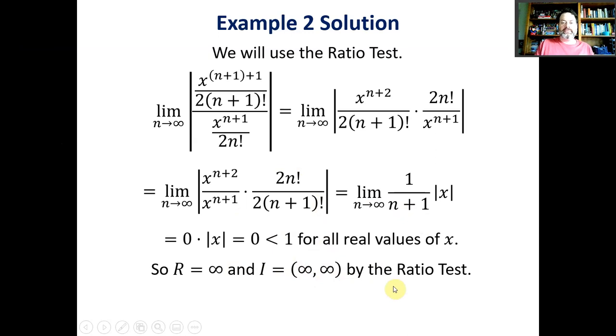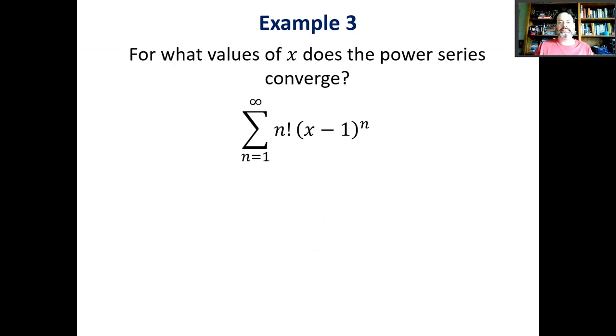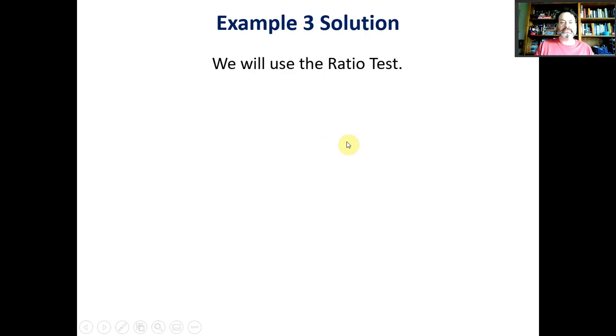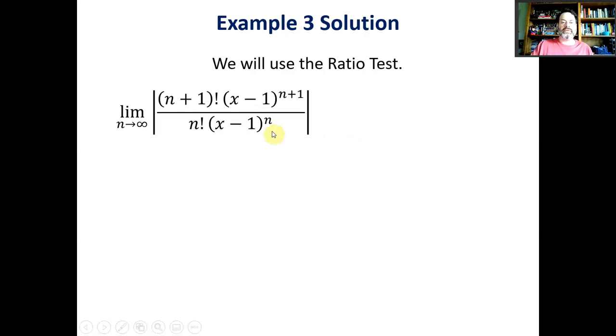All right. So that's what it looks like when it converges everywhere. Let's see what it looks like when it converges nowhere. Notice here we're not centered at 0. We're centered at 1. Ratio test again. So, same setup as you've seen before, right?